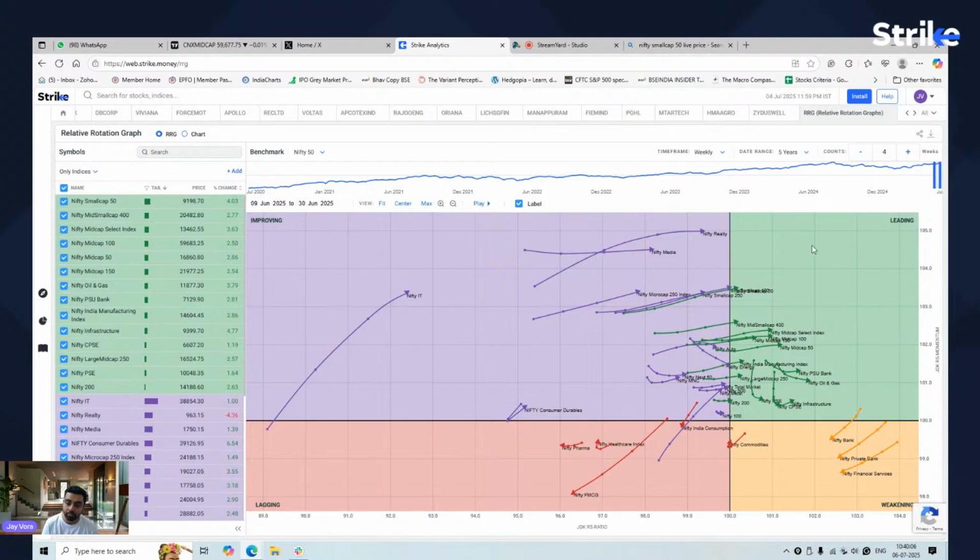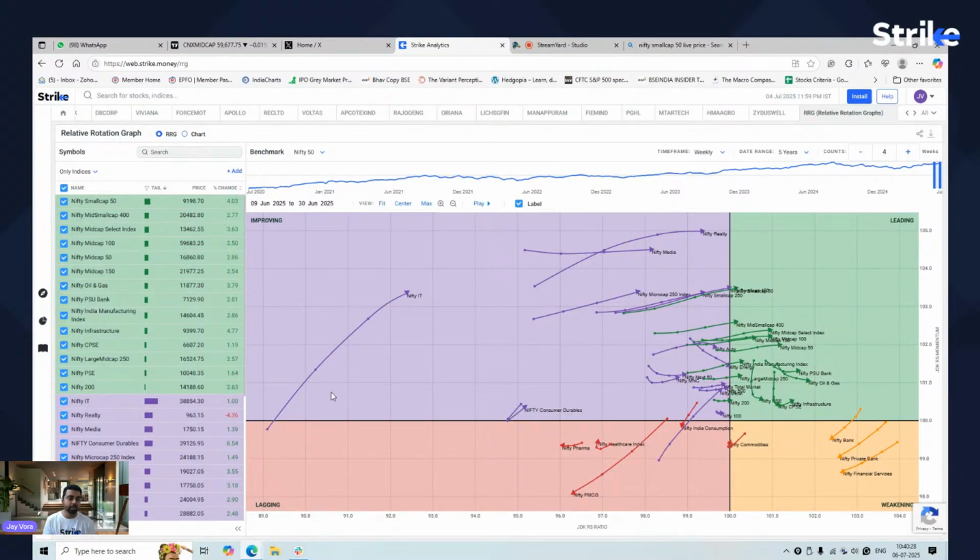When it comes to leading, improving or any of these quadrants, or a stock increasing from improving and rising north side, that doesn't mean that the absolute return will be positive. It just tells you the relative return as compared to the index.